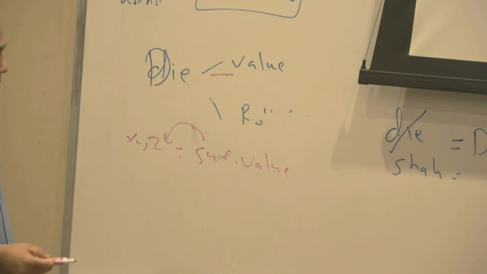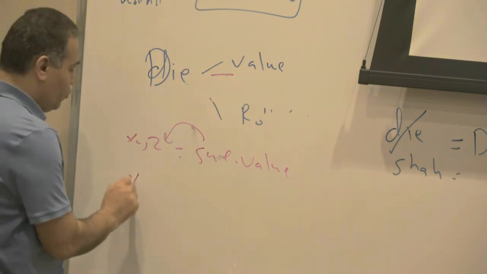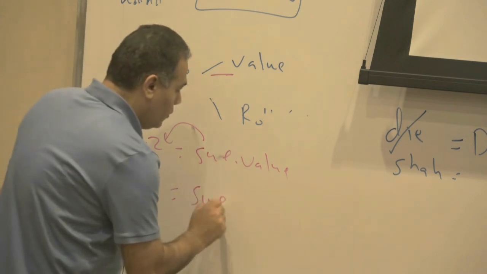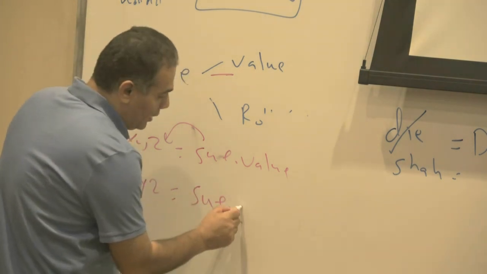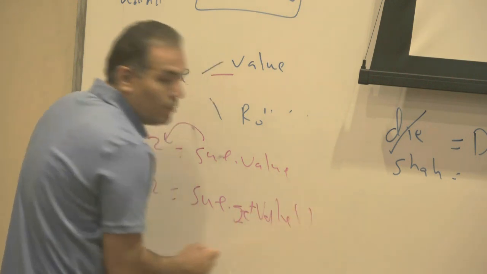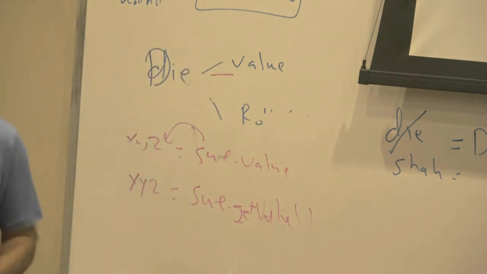Now, after I made it private, I cannot do that. If I need to read it into XYZ, I have to say Sue.get_value through a function.